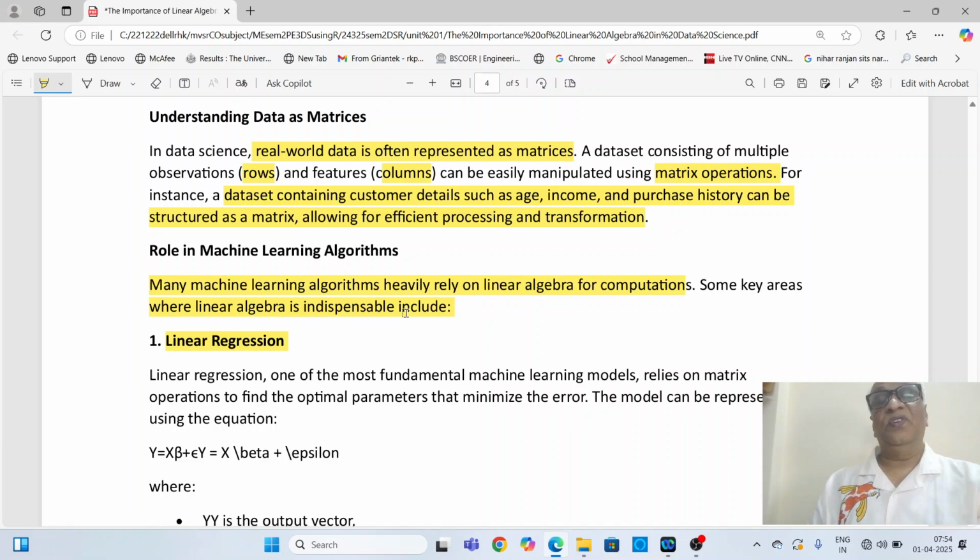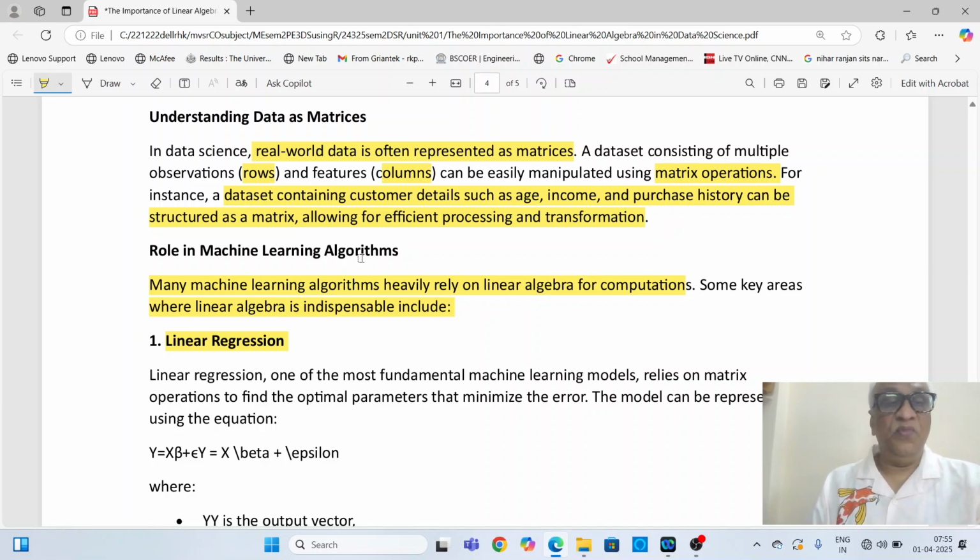Once the data is represented in the form of a matrix, the matrix operations make many processing and transformation steps easily possible, right? So that's why matrix, linear algebra and statistics play a huge role in data science as well as in machine learning computations.